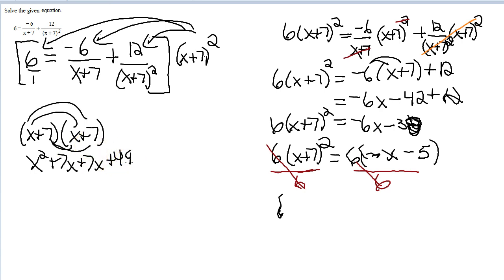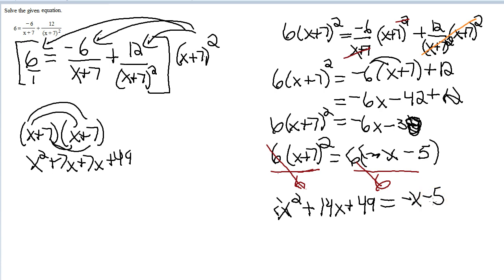So we get x squared plus 14x plus 49. That's supposed to be equal to -x minus 5.